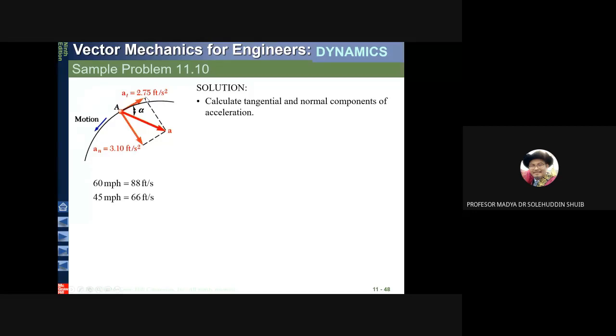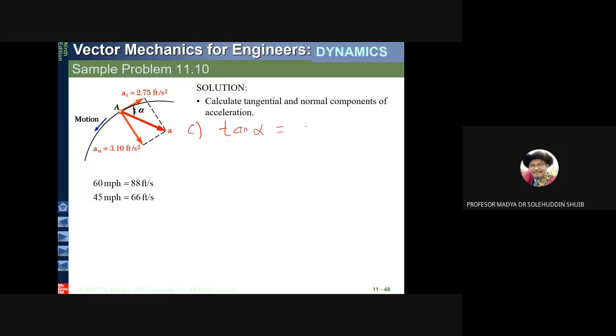Now you have the normal and tangential acceleration. So what do you need to do then? For part C, we need to find the magnitude and the direction of the resultant acceleration. So this is alpha.